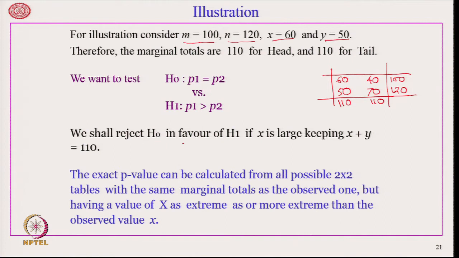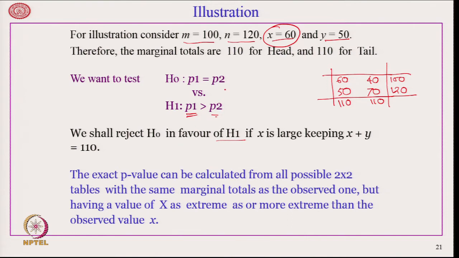We shall reject H naught in favor of H1, since we are testing P1 greater than P2, as we can see that a greater proportion of trials are ending in heads for the first population. Therefore, we suspect that the probability of success may be more for the first population than the second one.